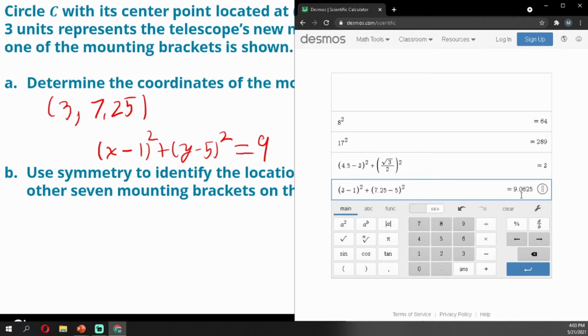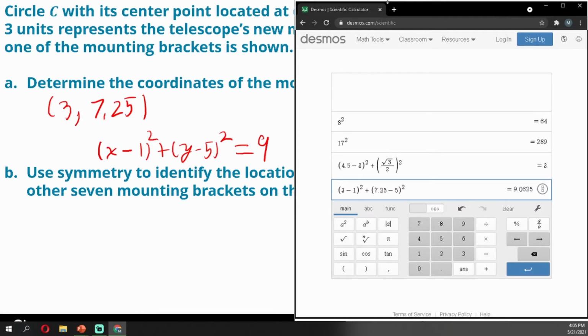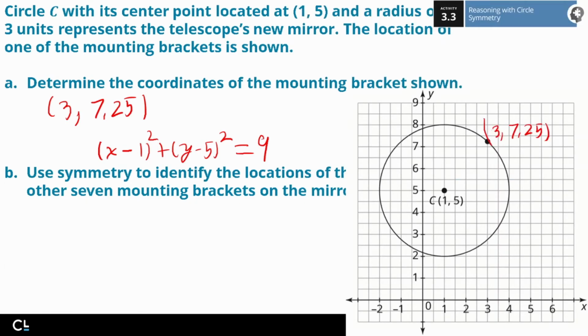What does it give me? It gives me 9.0625. So what we could see is it gives us about 9. And for this problem, that's okay. This is going to actually turn out to be what we want. So we could say, yes, it gives me 9, right? So it works.